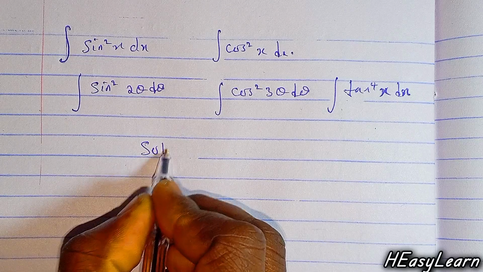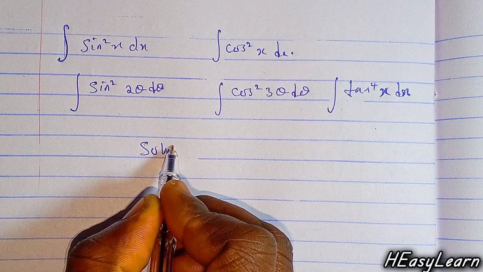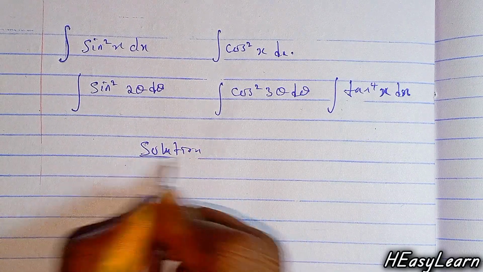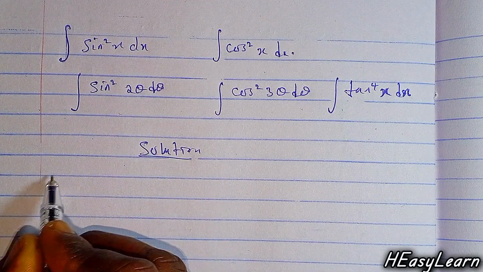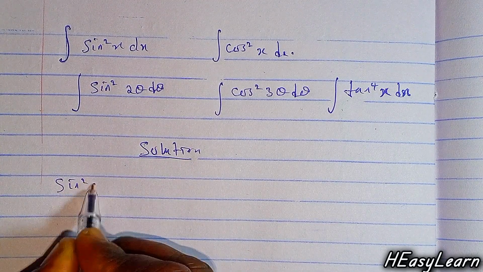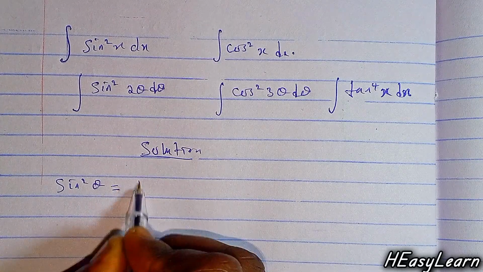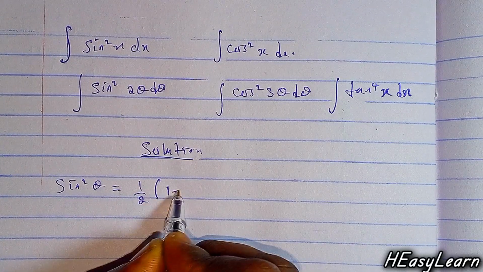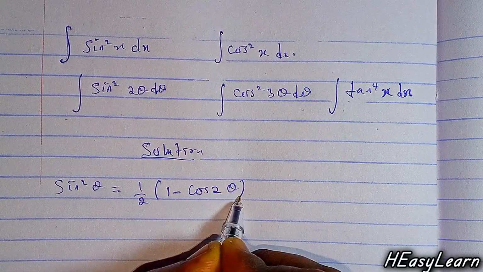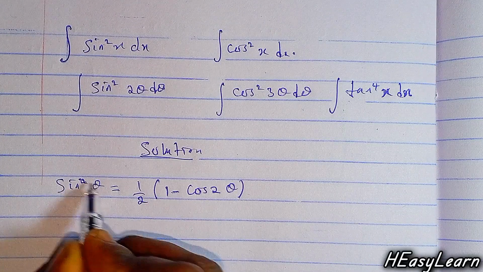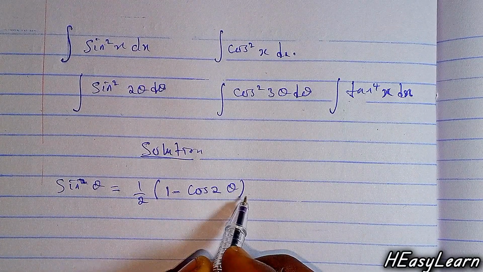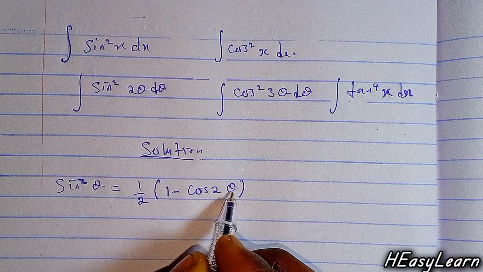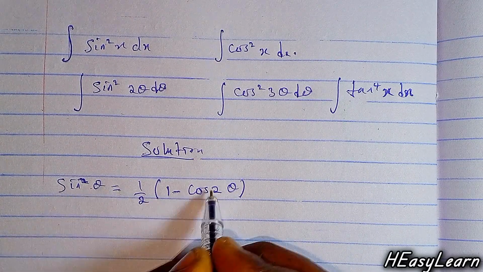So to integrate sine square 2 theta d theta, recall that from trig identity, sine square theta is the same thing as 1/2 (1 minus cos 2 theta). When here is 1, we have 2.